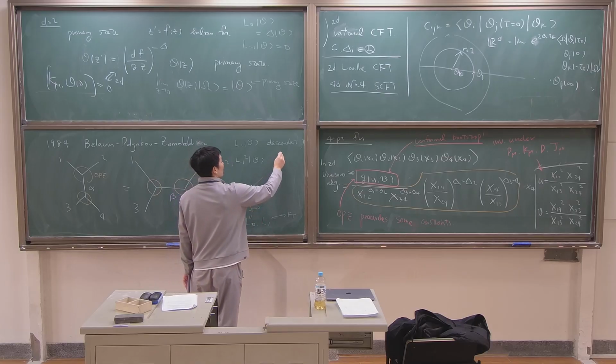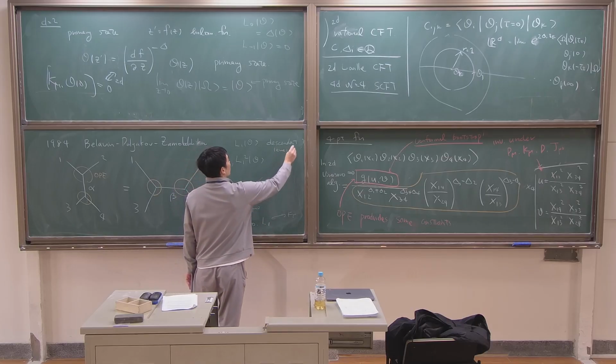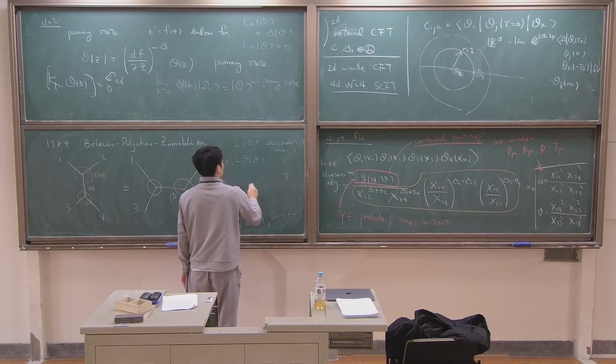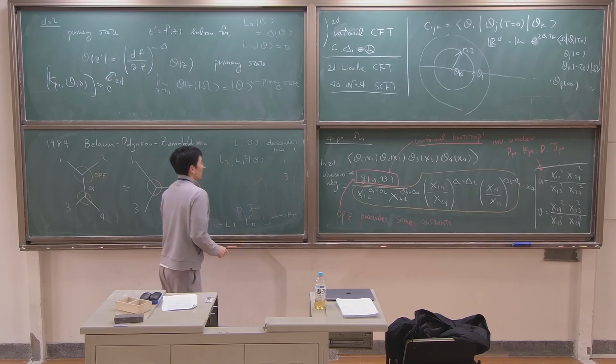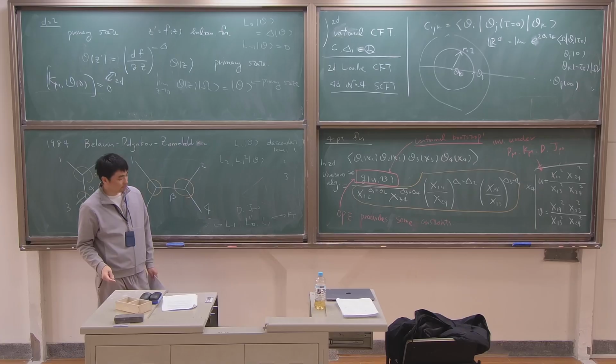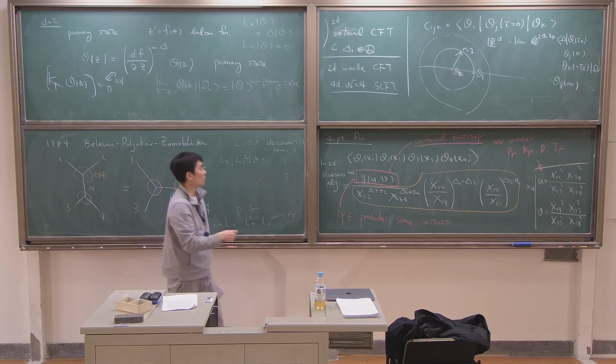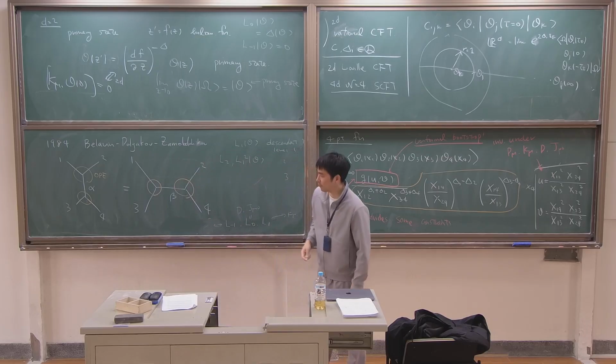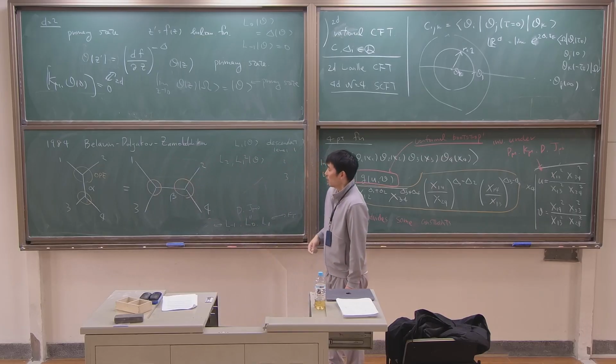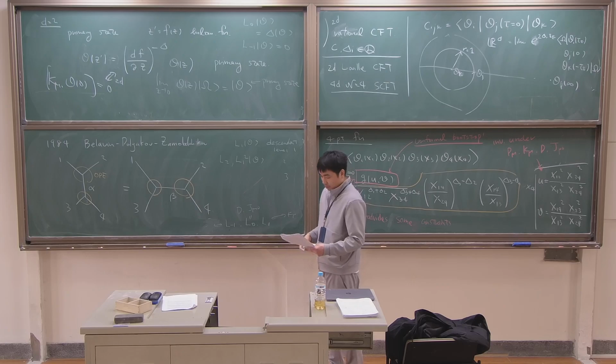This is level 1, and 2, 3, up to N. And then this will give you the so-called representation of the algebra, which is called the conformal family, and so on. That's what we're going to learn.